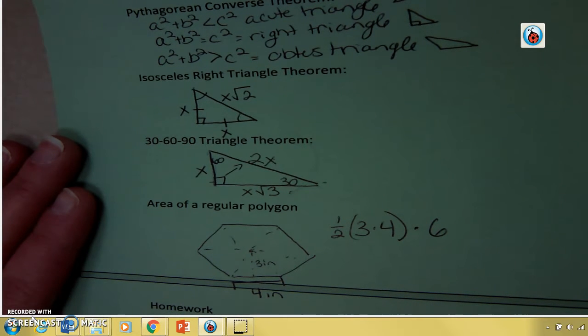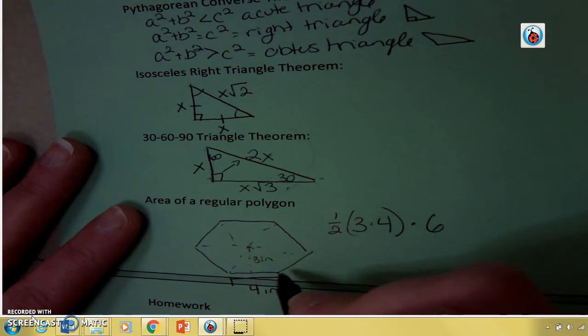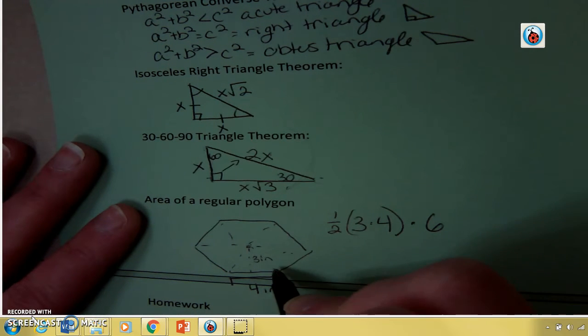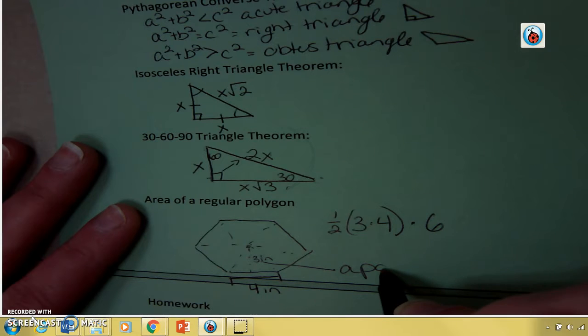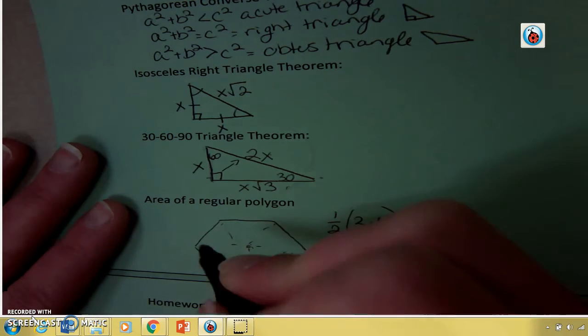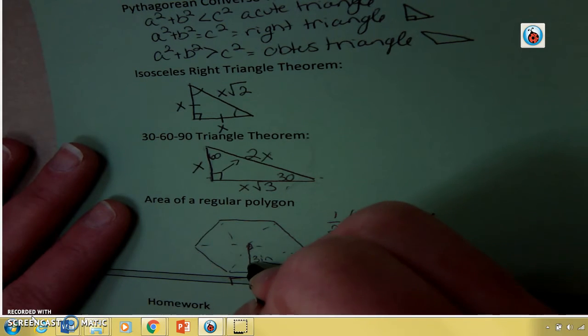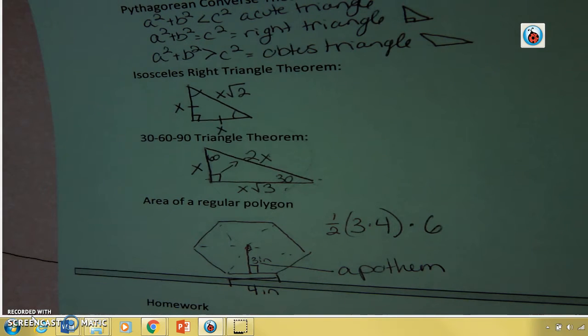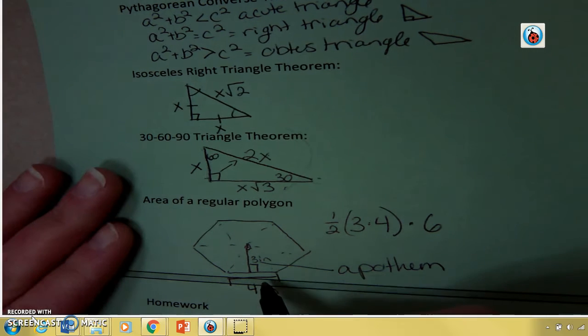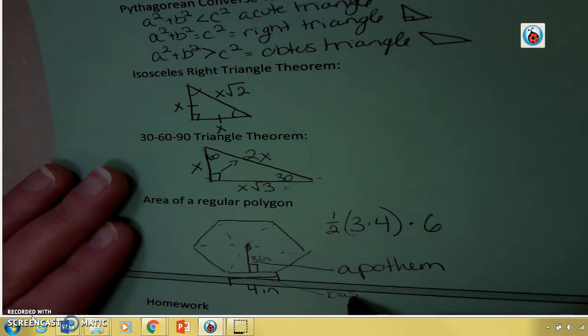The other option that you have is if we call this the apothem, which is really just from the center. It's kind of the height of half of it in a way. It's a line straight from the center. It has to make that 90-degree angle with the length of the base.